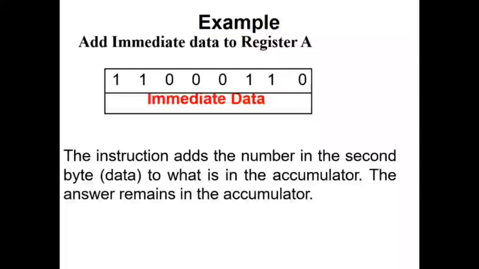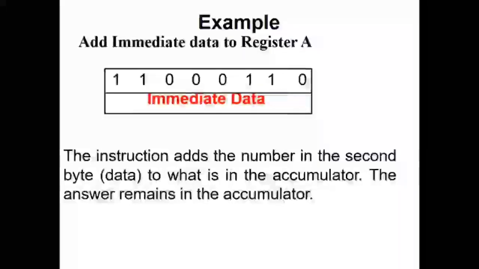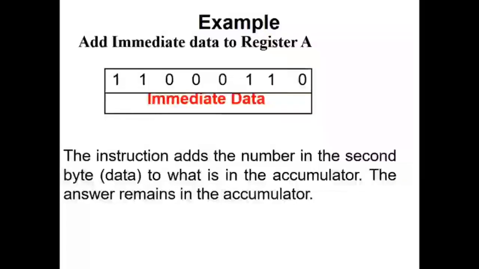Then the next step is to add, because now what was in D is now in A. So now we can add the immediate data 5. What you see on the screen is the format for adding immediate data to A. The first byte is adding it to A. Then the second byte is the immediate data.